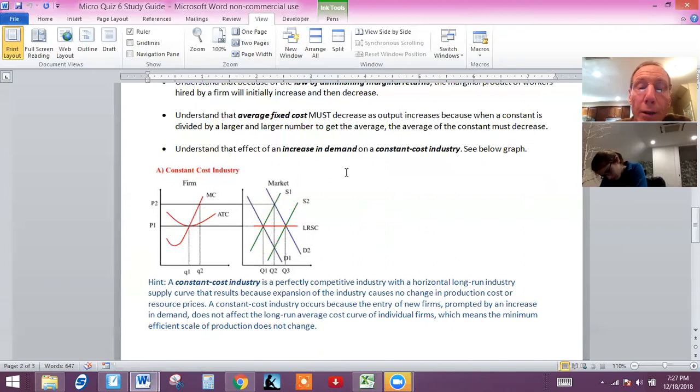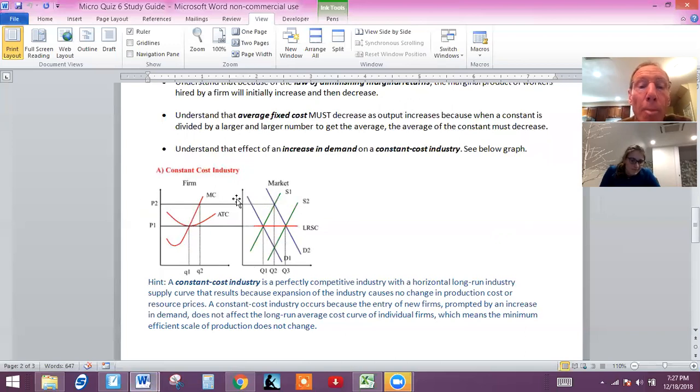So what happens with a constant cost industry is that if demand goes up, like here we see a shift from D1 to D2, and your supply curve is S1, then initially your price in the short run goes up to P2.